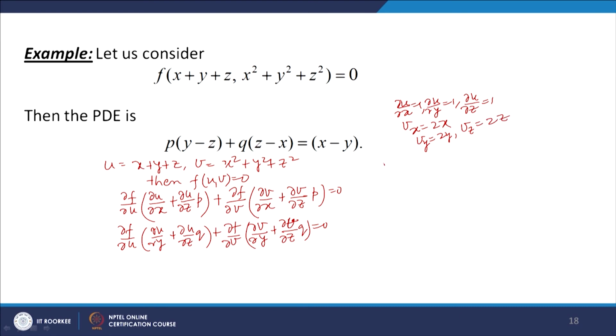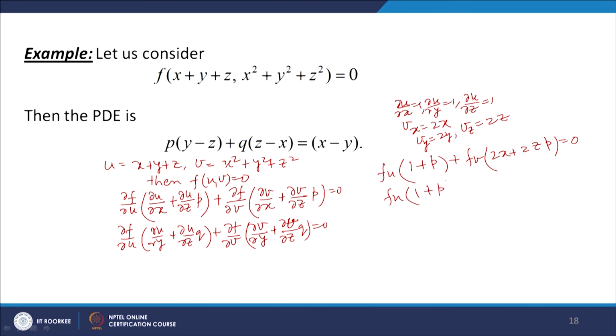We have f u multiplied by u x is 1 plus u z is 1, so we get 1 plus p, plus f v multiplied by v x is 2x plus v z is 2z into p equal to 0, and then f u times u y is 1, u z equal to 1.